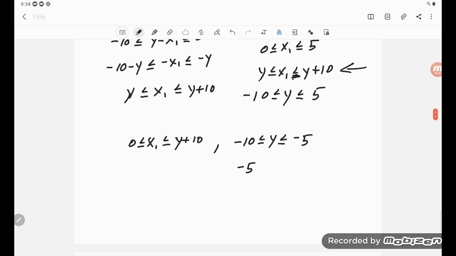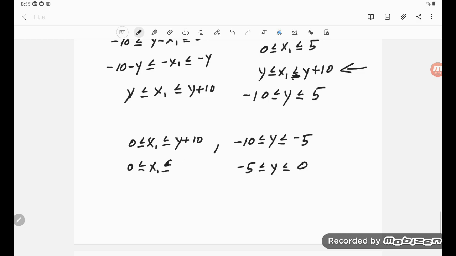Then from negative 5 on, at negative 5 we still get a 0 from that second inequality, because y would be negative 5. That's not bounding x1 at all. But once it hits 0, it would, so we'll stop at 0.